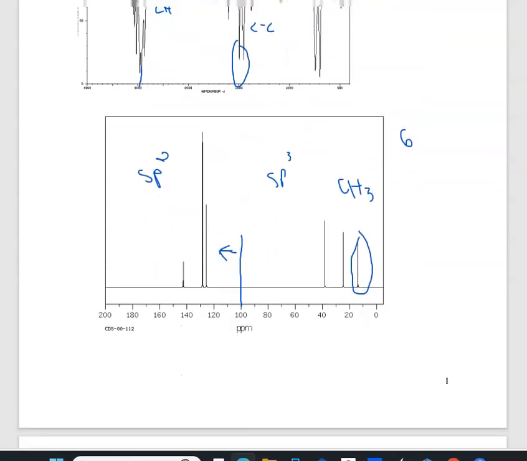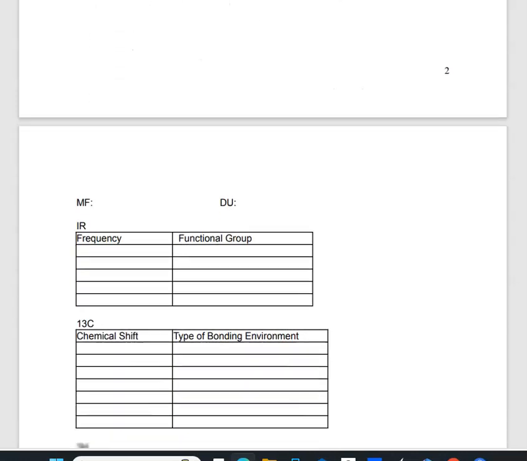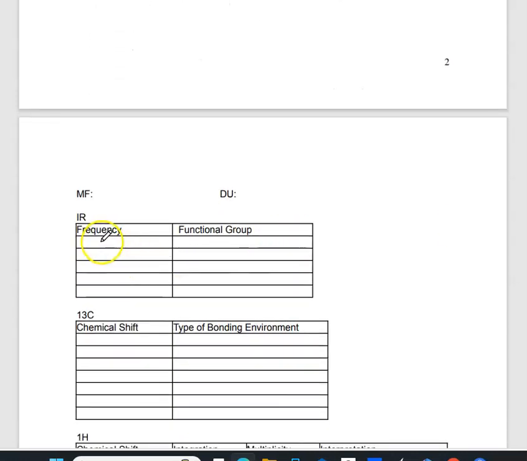So the first table we're looking at, we have C9H12. Okay, so the frequencies we have are about 1500 and about 3000.